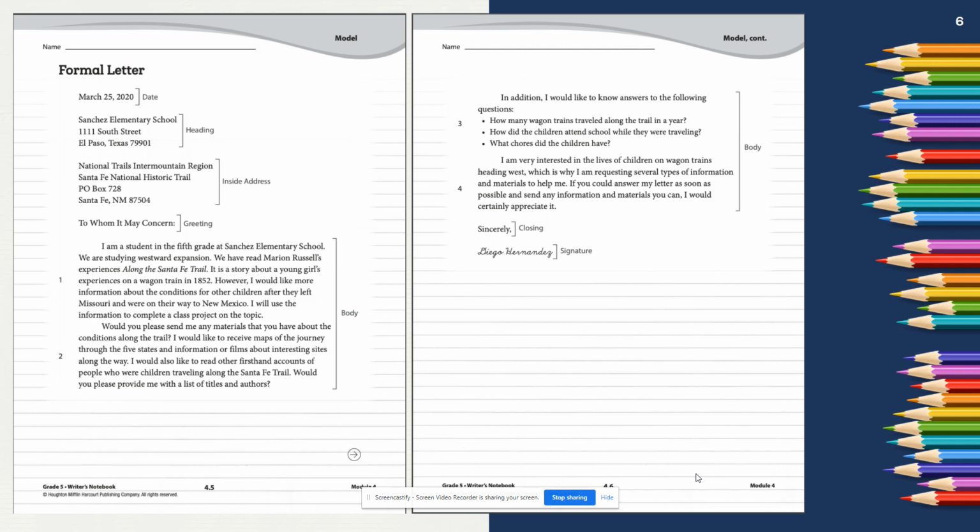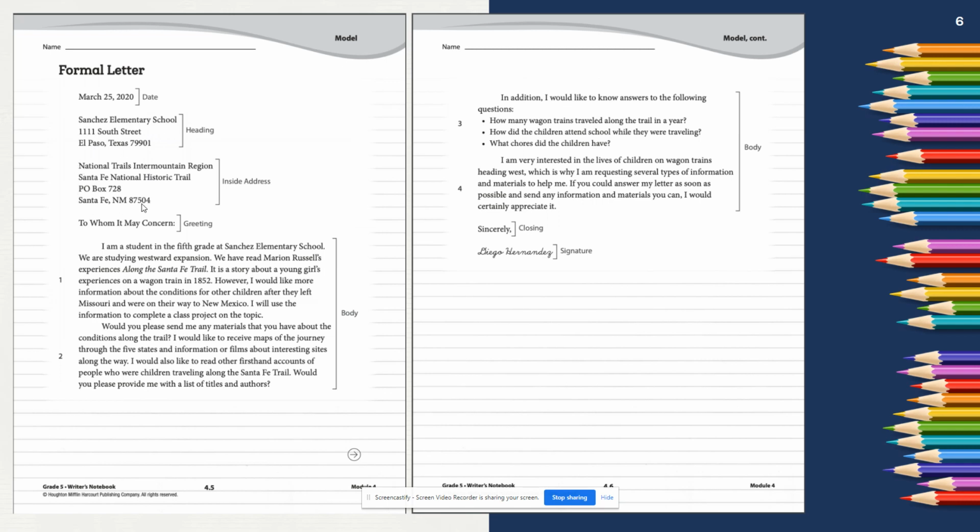Remember, when you're organizing your letter, if you did not research a specific organization, you may write a formal letter to a fictional, that means made up, library, museum, or other organization. So you can create a fake name of a museum, library, or organization and a fake address. Make sure you include your date, the address of your school, and the name of your school.